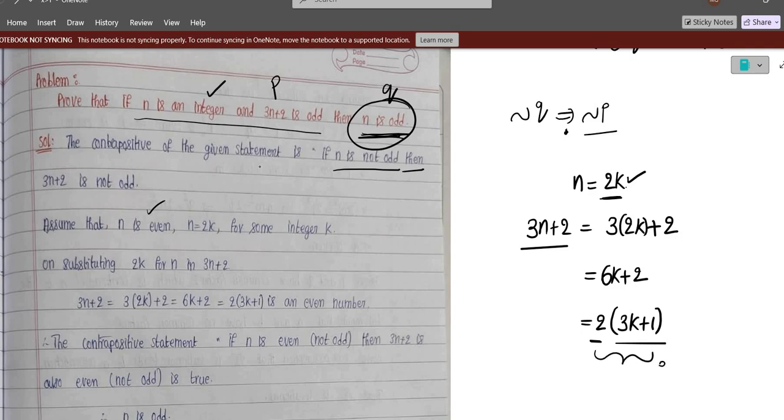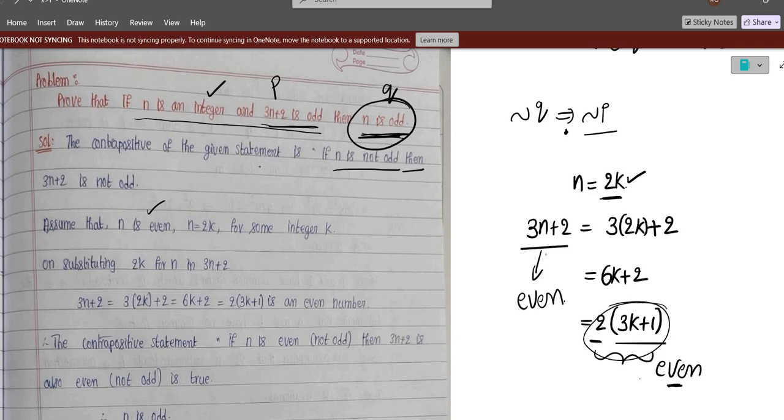So this is an even number. Once again, 2 into something means this portion is an even number, so 3n plus 2 is also even.